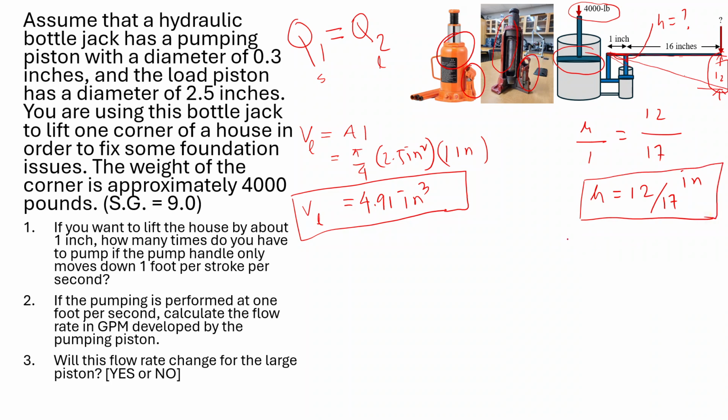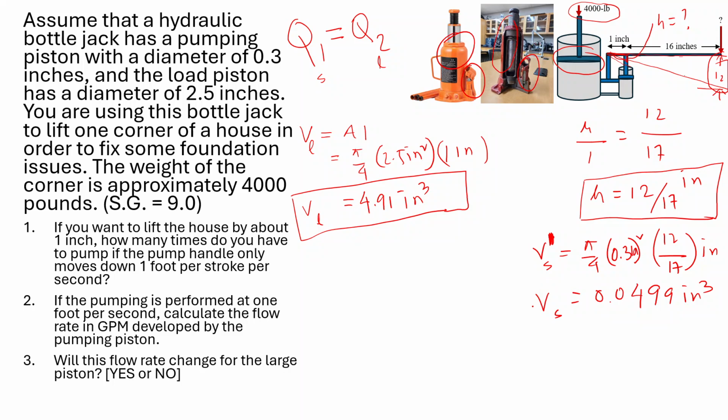So every time you pump, let's calculate the volume displaced for the small piston per pumping stroke. So for one stroke, the volume displaced is pi by 4 times the diameter in inches squared times the height, which is 12 by 17 inch. So the total volume displacement, I calculated, is 0.0499 inch cube.